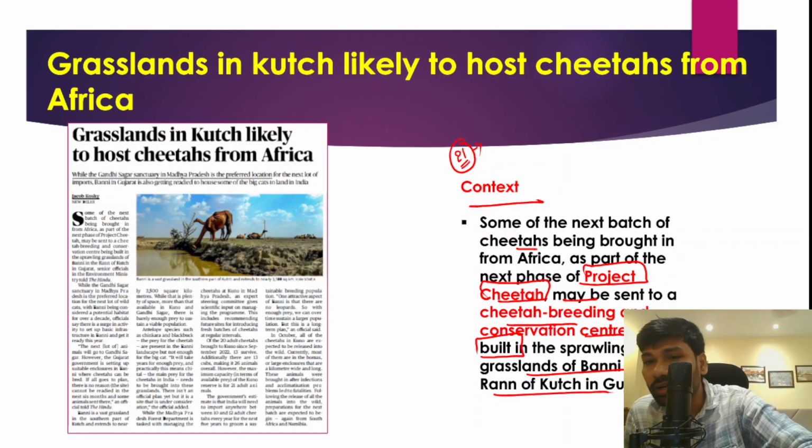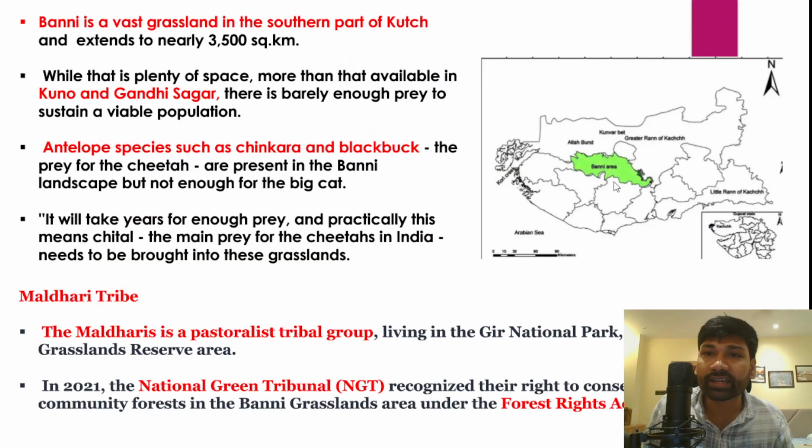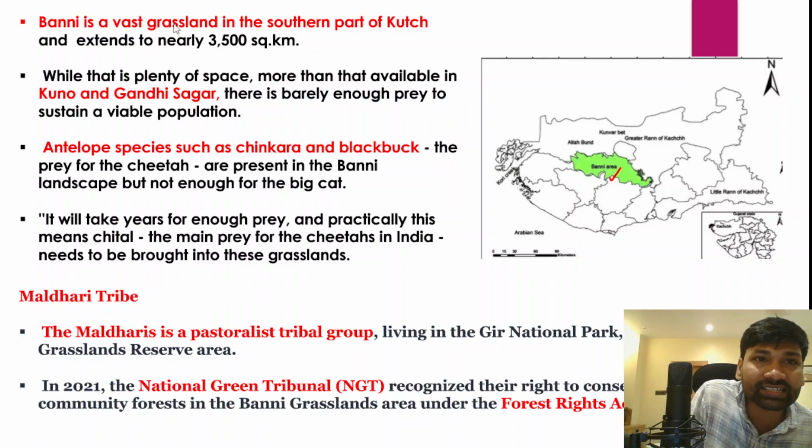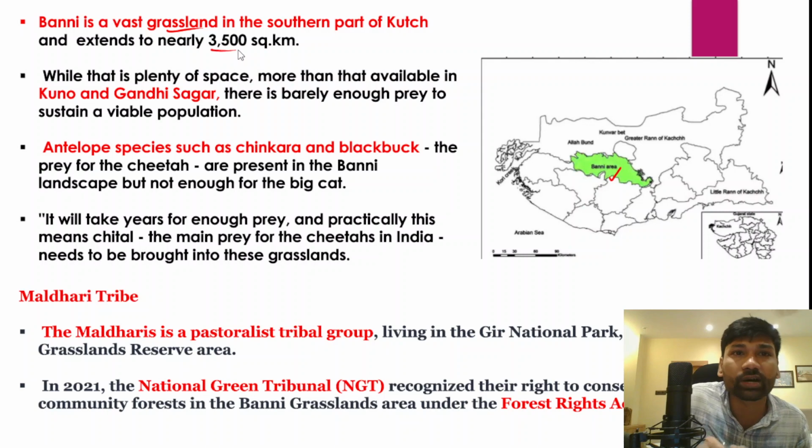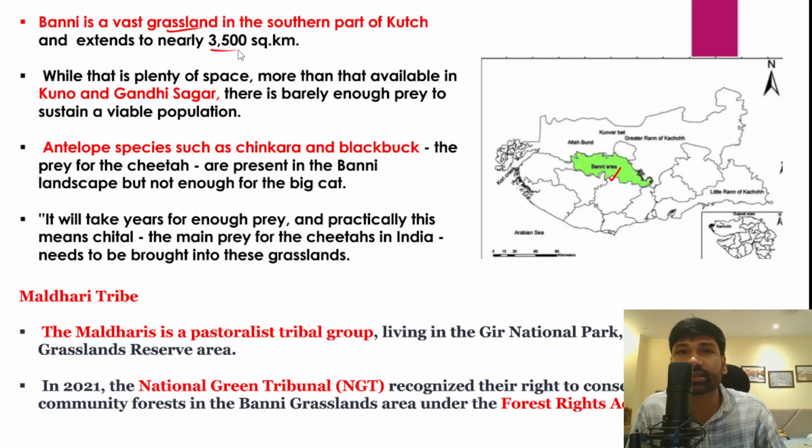Remember that the Banni grasslands are located in the Rann of Kutch, Gujarat, and it is a vast grassland in the southern part of the Rann of Kutch that extends up to 3,500 square kilometers.